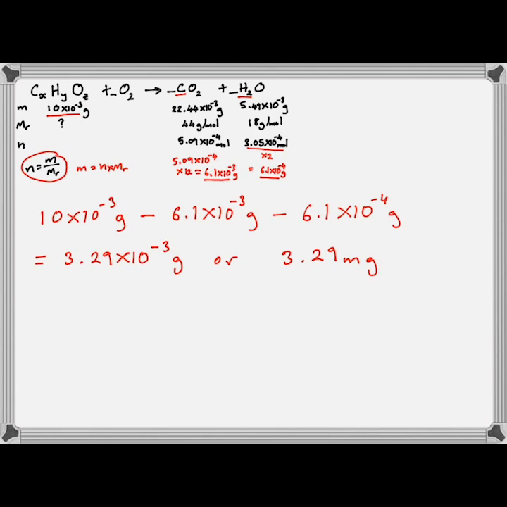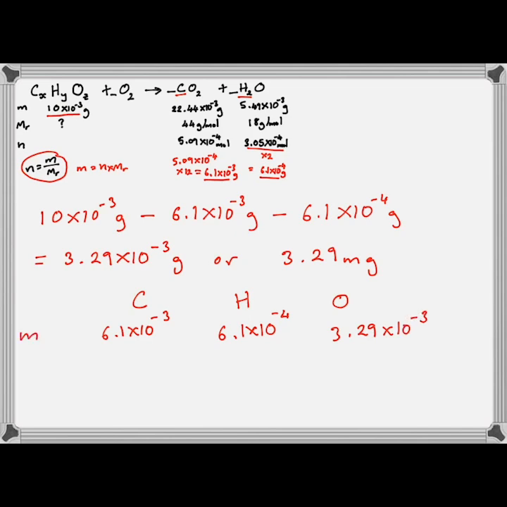Now that we have the masses, we can work out the empirical formula of our substance. To work out the empirical formula, all we need is our three elements, carbon, hydrogen, and oxygen. We need their masses, which we've now got: mass of carbon, 6.1 times 10 to the minus 3, mass of hydrogen, 6.1 times 10 to the minus 4, and our mass of oxygen, 3.29 times 10 to the minus 3.